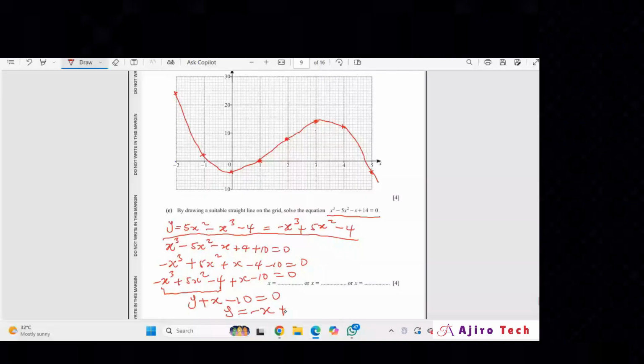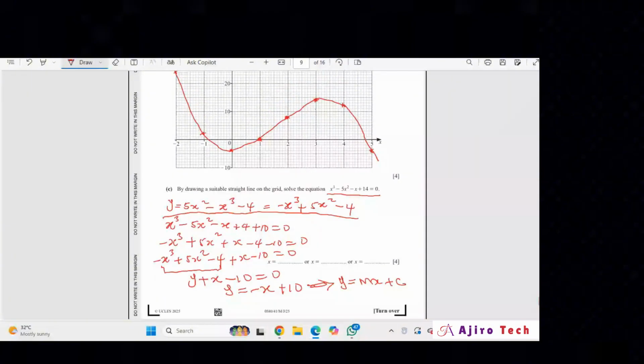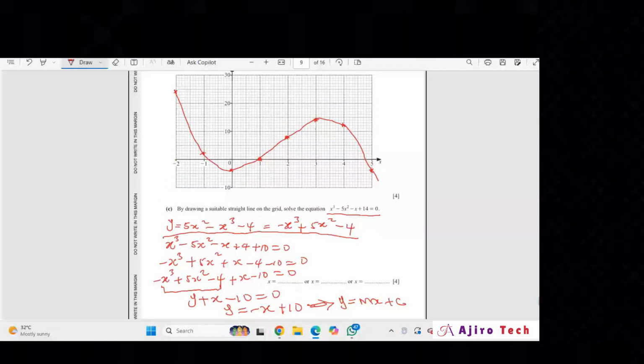This is a straight line. If you compare it with y is equal to ms plus c, it means that m is our gradient and c is our intercept. So I'm going to use that to draw our graph here. The intercept is positive 10, so it will be here.